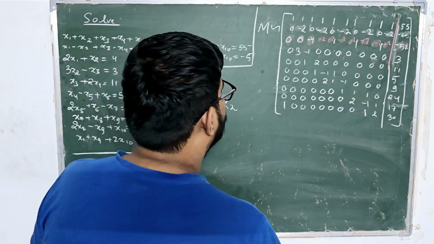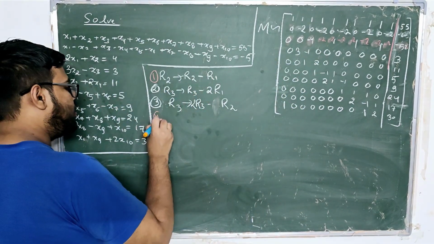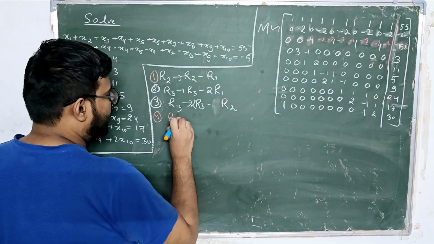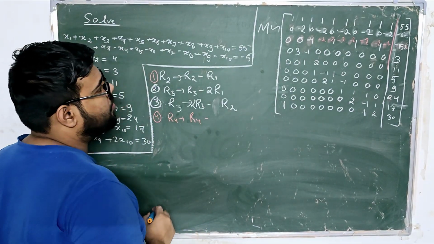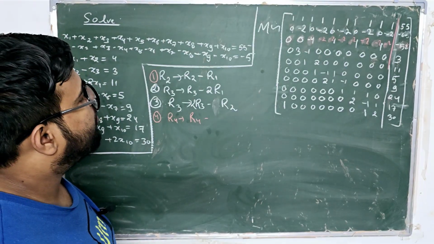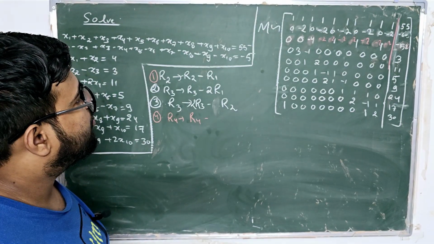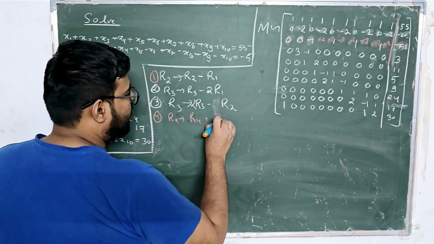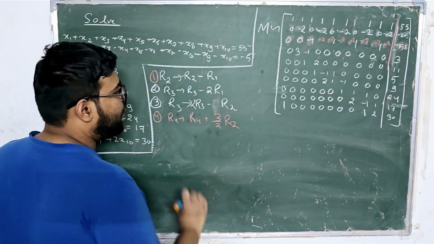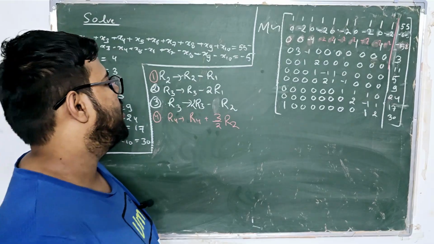So what we can do over here, r4 can be written as r4 minus 3 by 2 r2, correct?